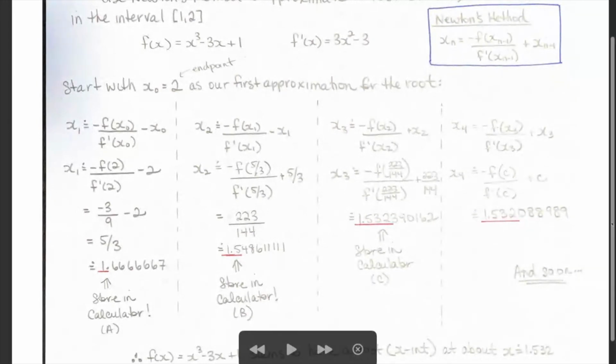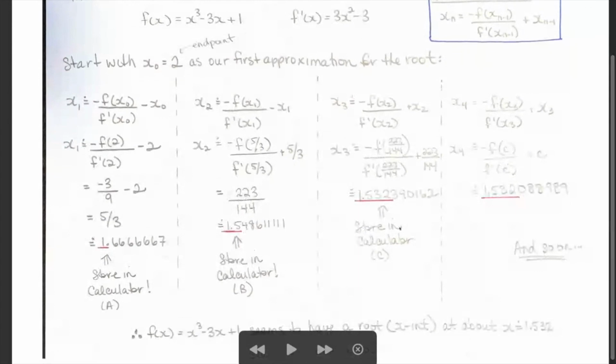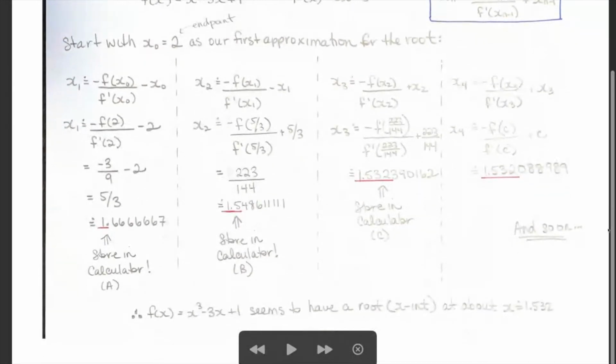I could continue and take it further from here, but I think I'm satisfied with accuracy up to 3 decimal places. So I can now conclude that f at x is going to have a root, or an x-intercept, somewhere around x approximately equal to 1.532.